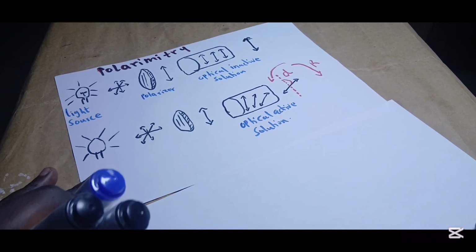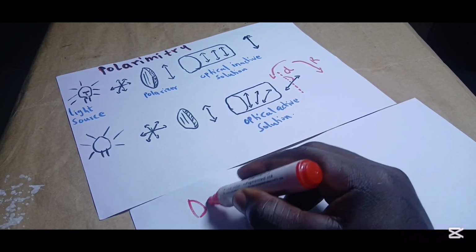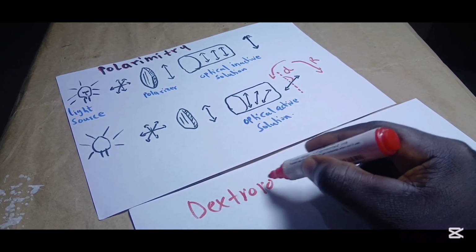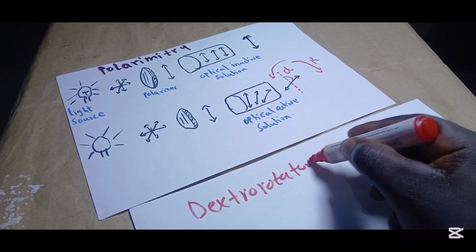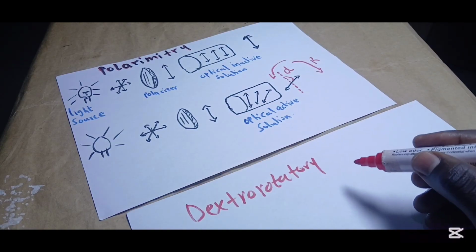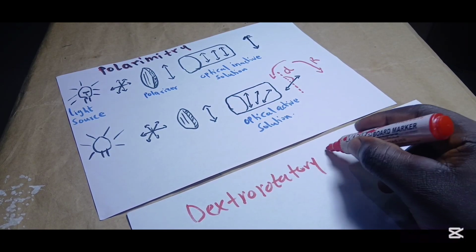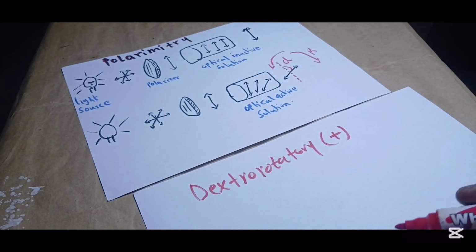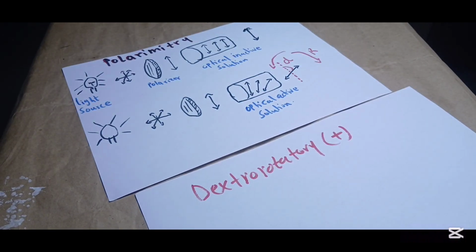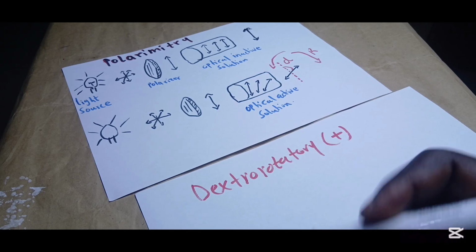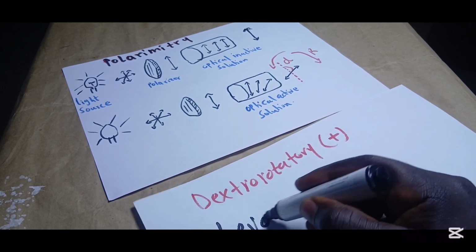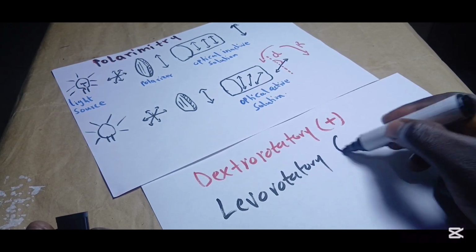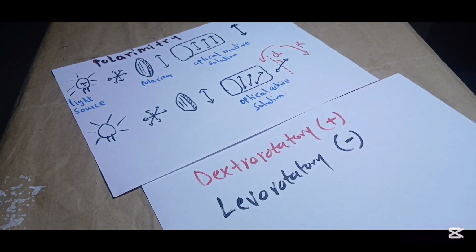If the beam of light forms an angle to the right, it is called dextrorotatory, and it is usually indicated by a plus sign. If it turns to the left-hand side, which is counterclockwise, it is levorotatory, usually indicated by the minus sign.